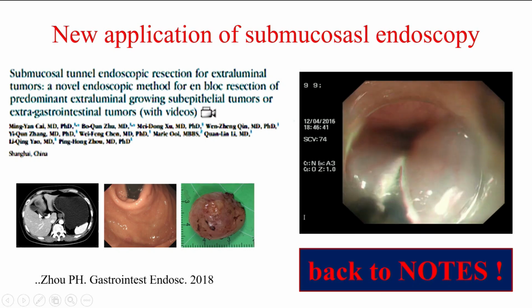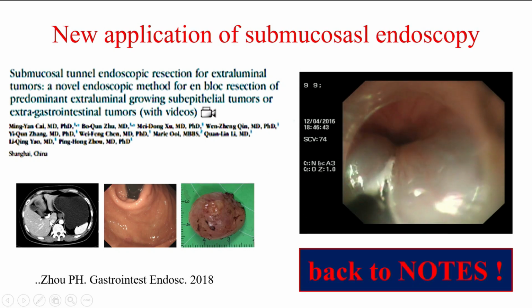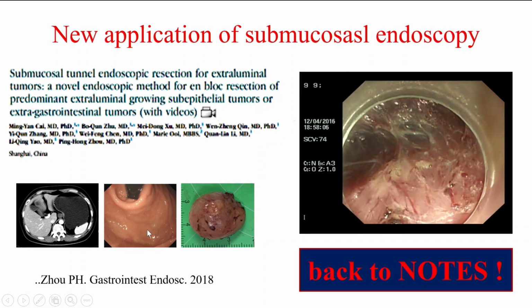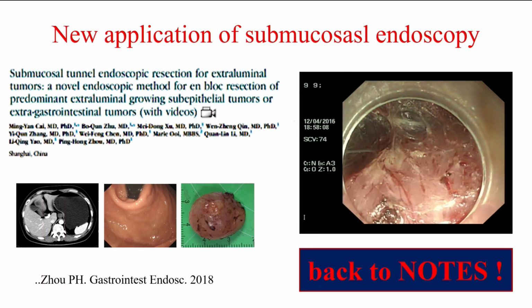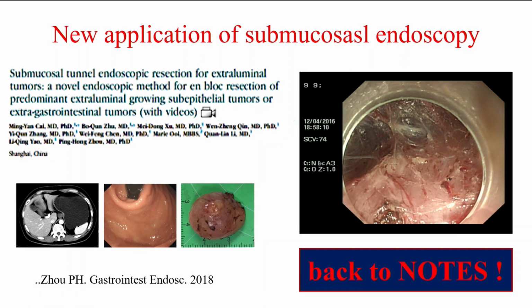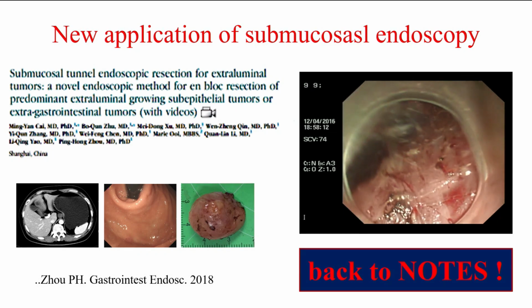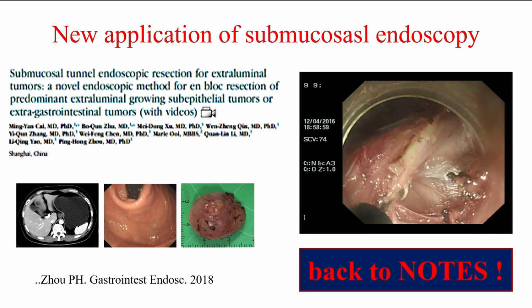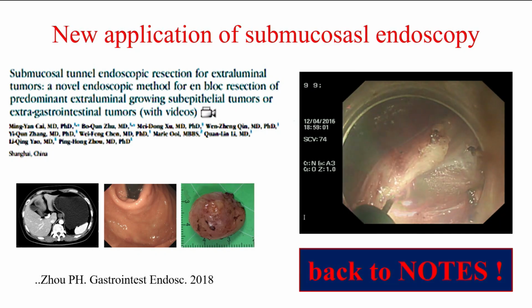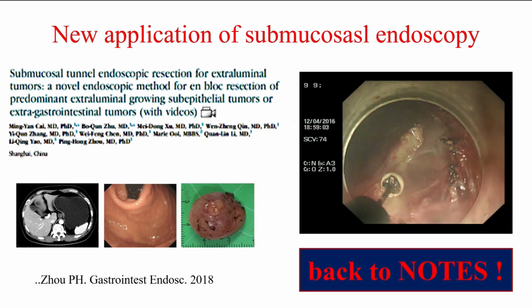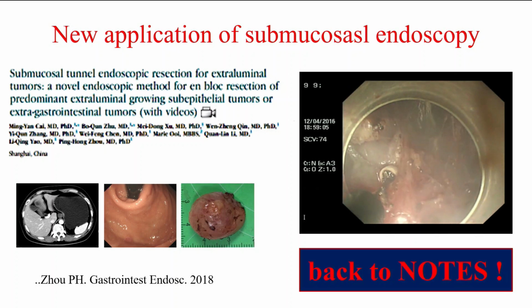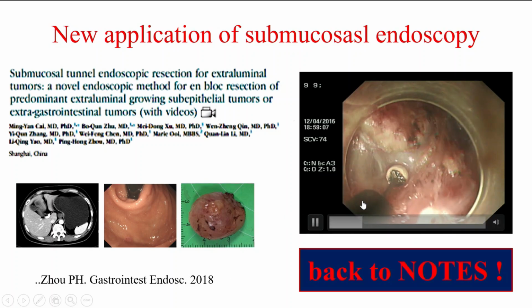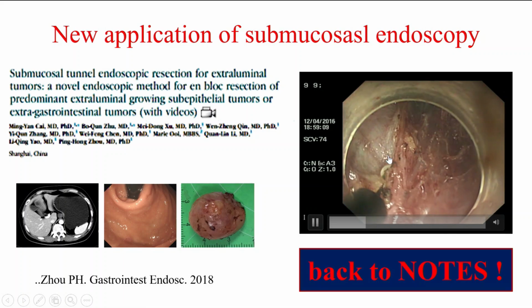So the lesion is located between the stomach and the liver, just totally outside of the stomach. So we just make a short tunnel over the tumor. Then when we reach the stomach wall, we cut the whole layer of the stomach, and now here is a tumor outside of the stomach.